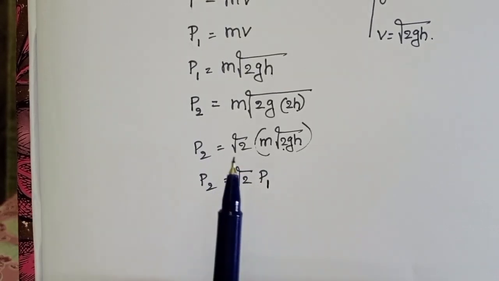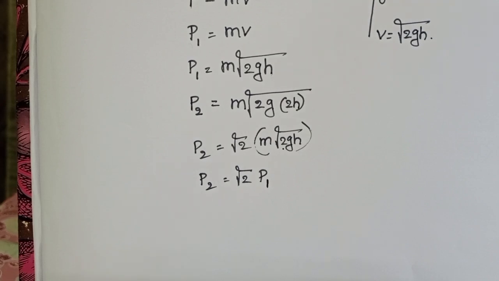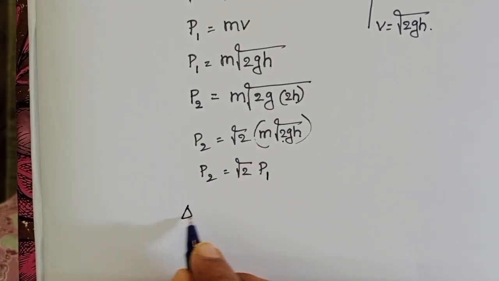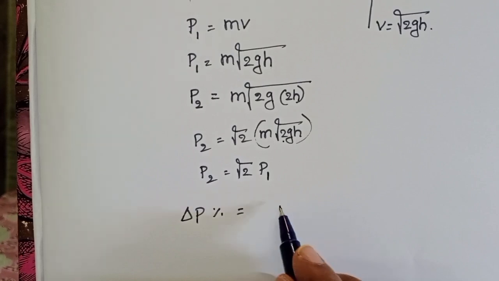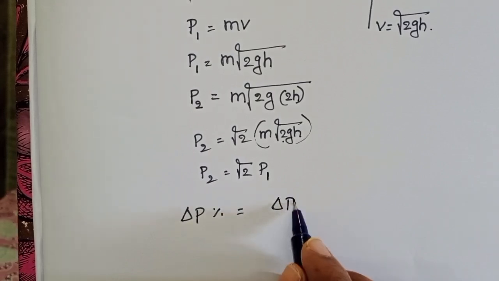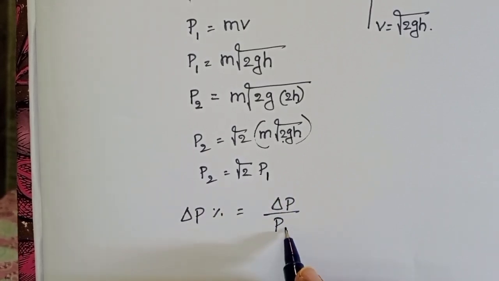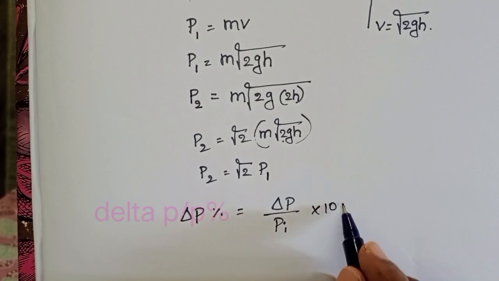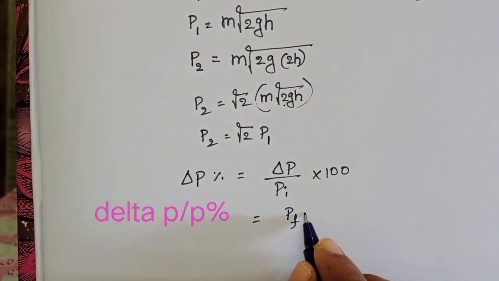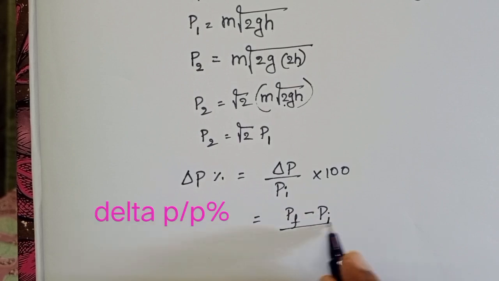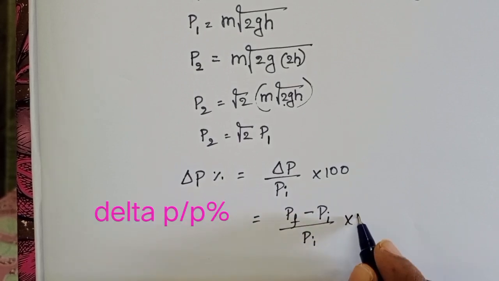Now we want the percentage of change in momentum. Percentage of change in momentum is equal to change in momentum by initial momentum into 100. Change in momentum is final momentum minus initial momentum by initial momentum into 100.